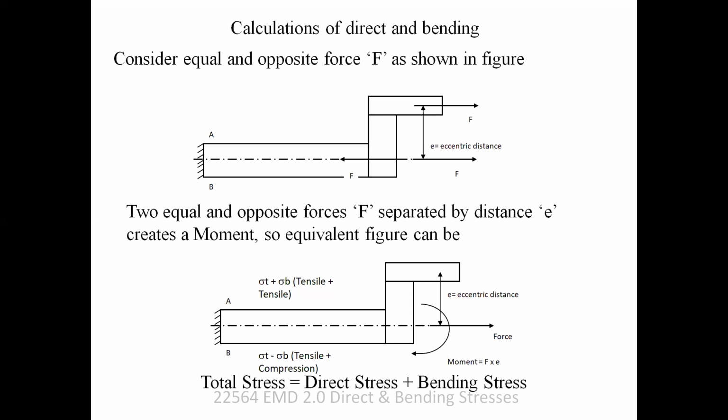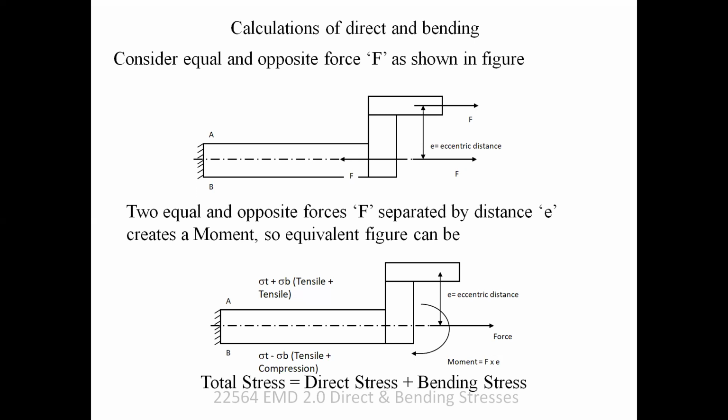Now, as we have equal and opposite forces separated by some distance E, it creates a moment. And one more axial force is left. So you can visualize in the next figure that the eccentric force can be converted into an axial force and a moment. That's why it is called direct plus bending.